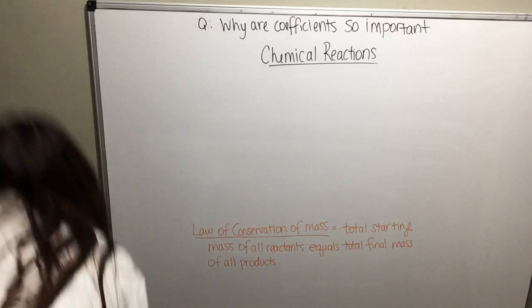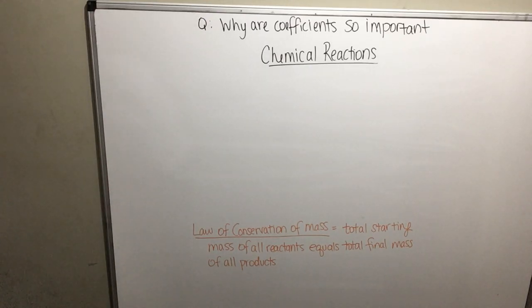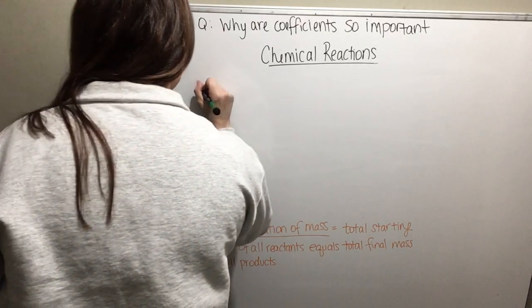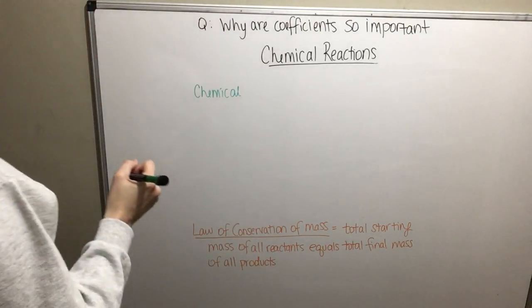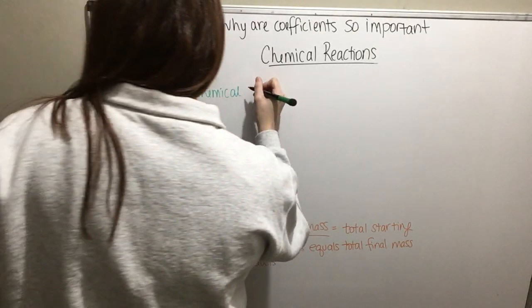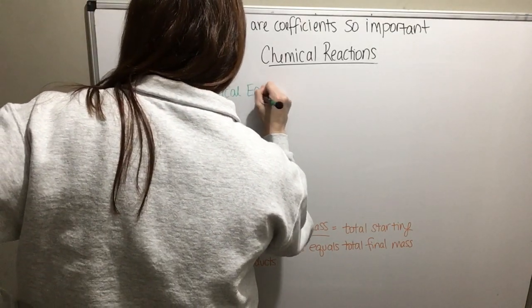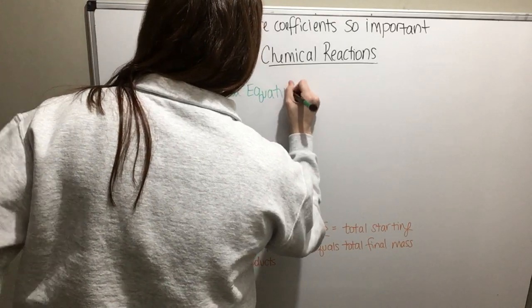All right, so let's define what a chemical equation is. Because now that we know what a chemical reaction is, we write chemical reactions in the form of a chemical equation.